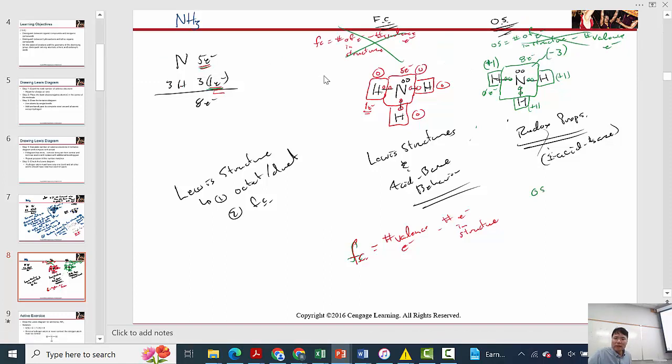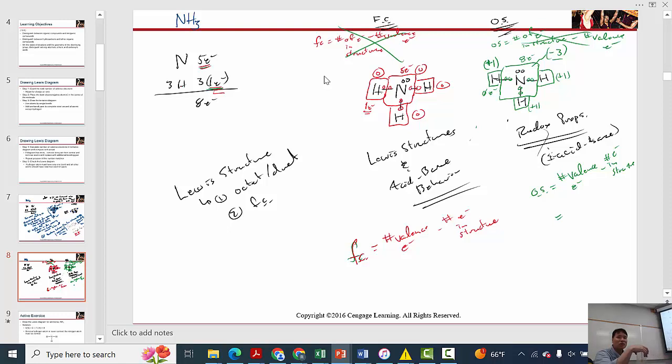For oxidation state, it's the number of valence electrons minus the number of electrons in the structure. Number of valence electrons is 5. How many electrons in the structure for this? 8. 1, 2, 3, 4, 5, 6, 7, 8. So 5 minus 8 gives us -3. In reality, the charge is not 0 and the charge is not -3.